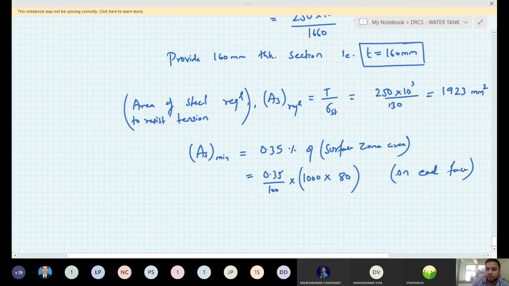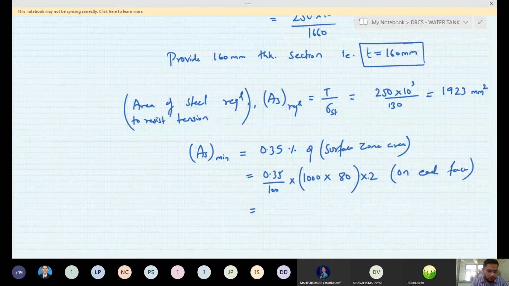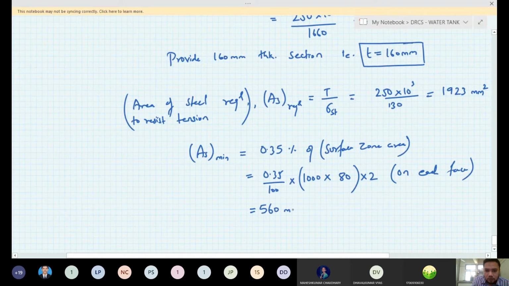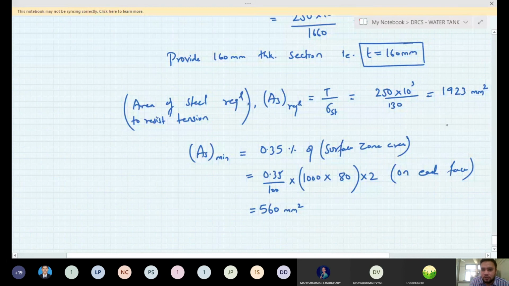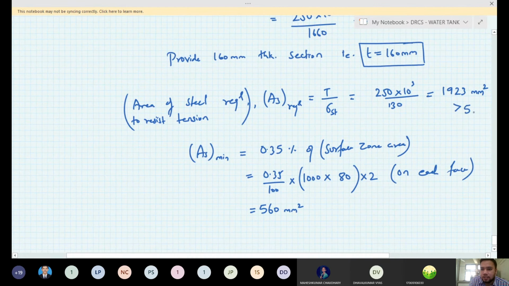This steel is to be provided on each face, so this will be 0.35, and let us say multiply by 2 for 2 faces, so it will be 0.35 into 2 into 1000 into 80 divided by 100, so that is 560.